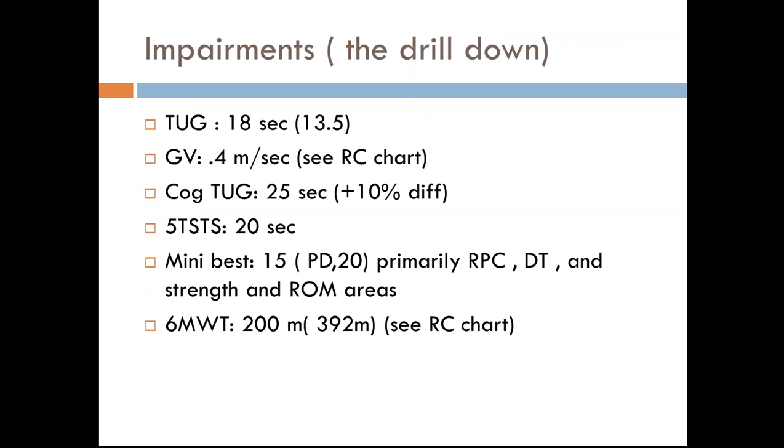All right. So let's say we go back to our little lady, and she scored a TUG of 18 seconds. Well, this number right here, 13.5, based on the little sheet that I showed you, that's a cut score for fall risk for her. Okay? So that tells us she's a fall risk, right?